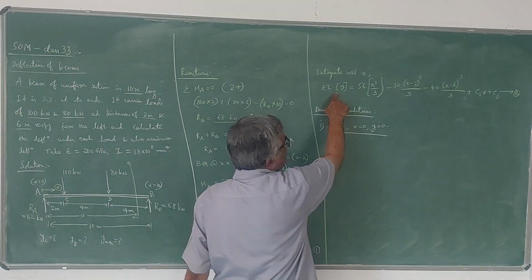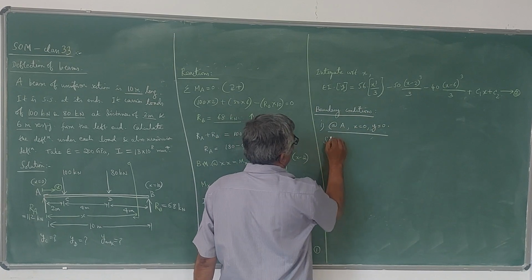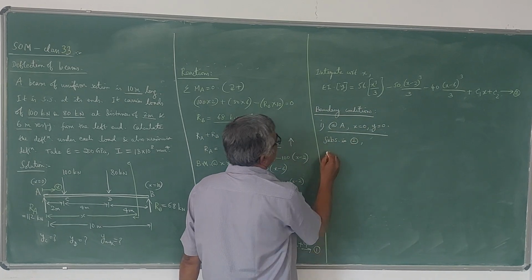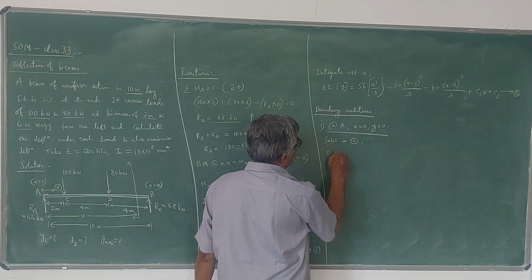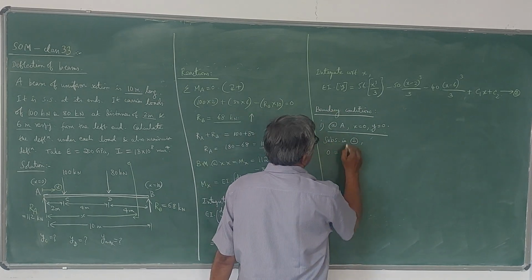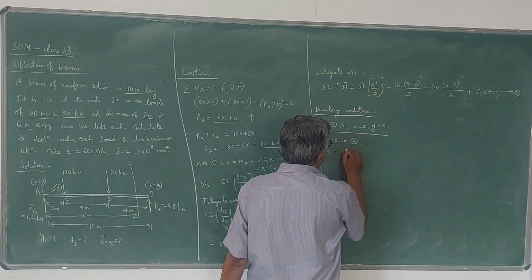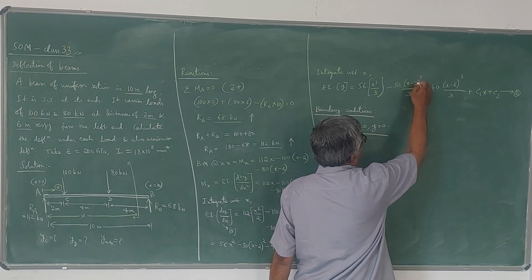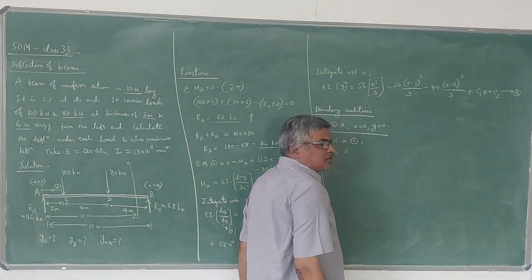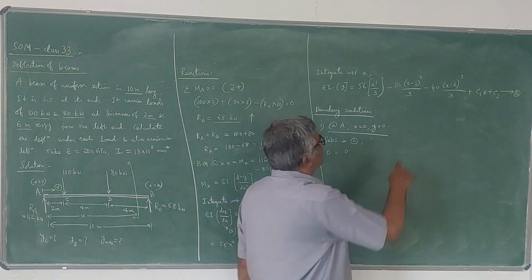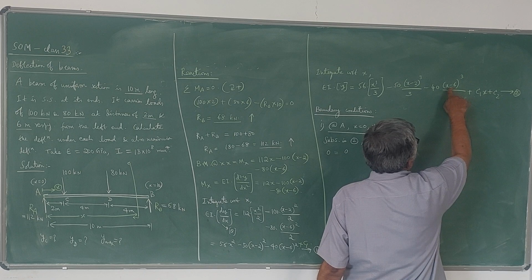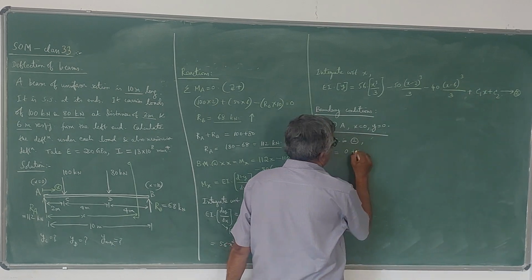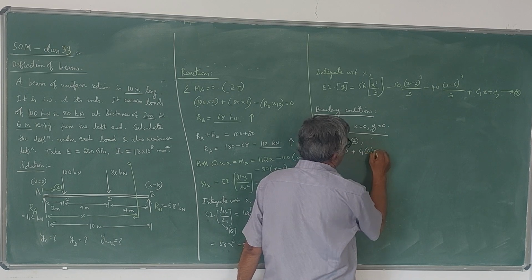Therefore, I substitute this in equation 2. LHS becomes 0 because y is 0. On the RHS, the first term is 0 because x is 0. In the second term, if you put x equal to 0, it becomes 0 minus 2, which is negative, so that term should be omitted. The third term also should be omitted because 0 minus 6 is negative. The fourth term becomes C1 into 0.